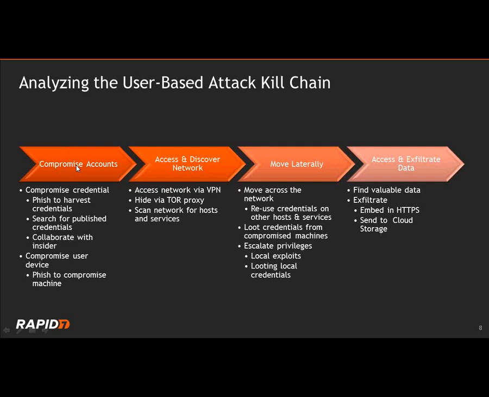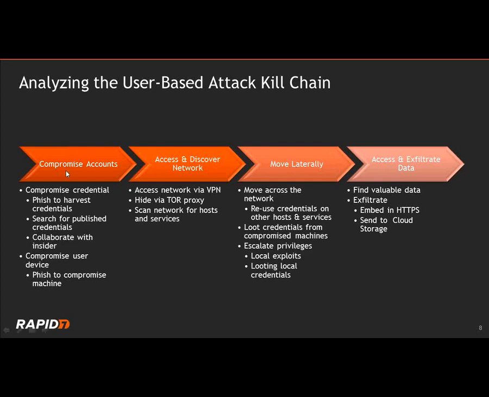So first of all, what an attacker has to do is to compromise the account, an account then for attack a user, then access and discover on the network, move laterally across the network, and in the end, access and exfiltrate the data, because that's the information that they want to get out.